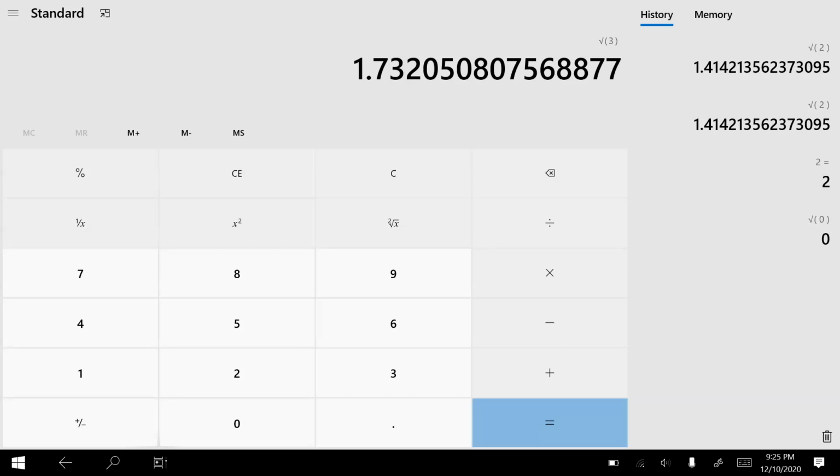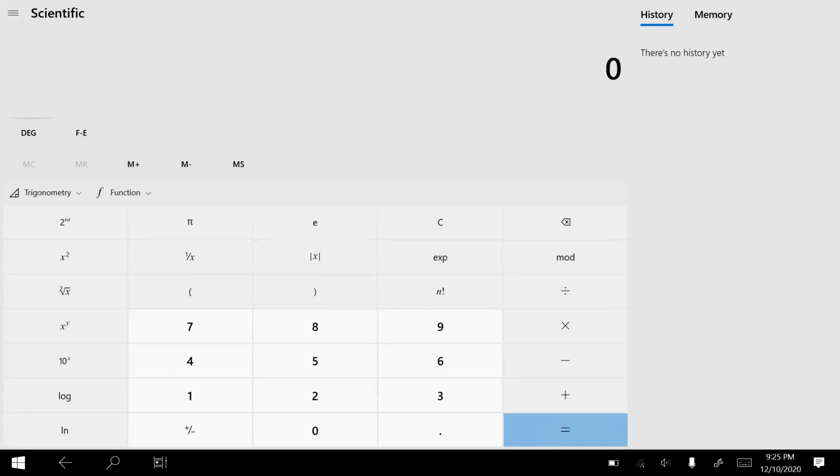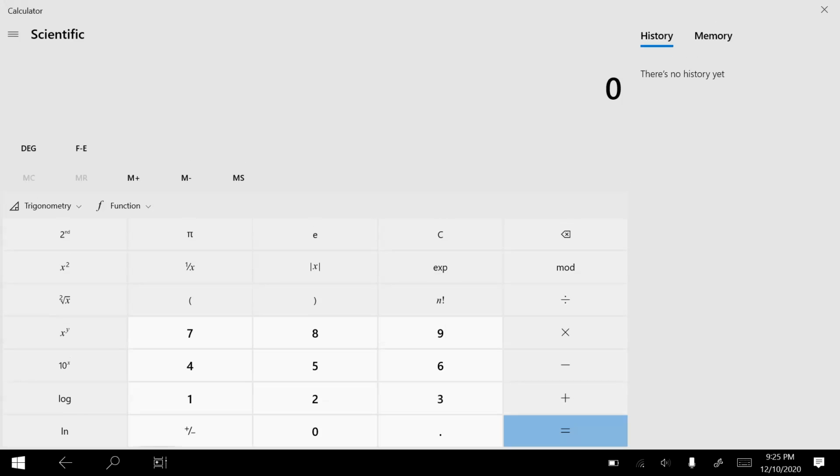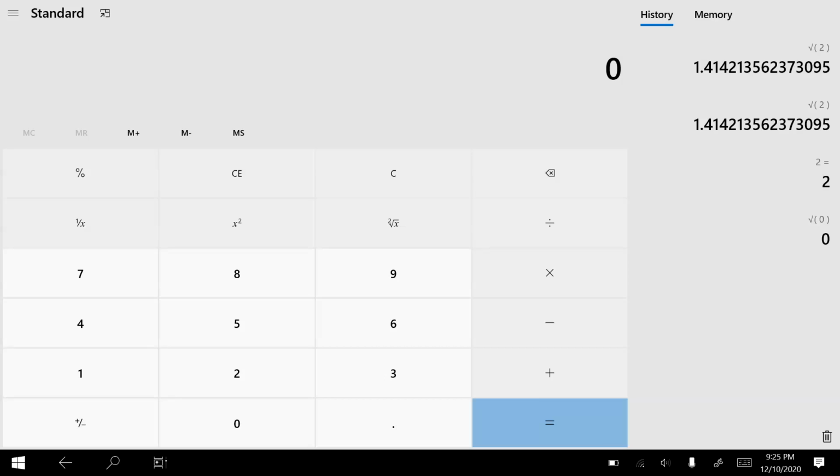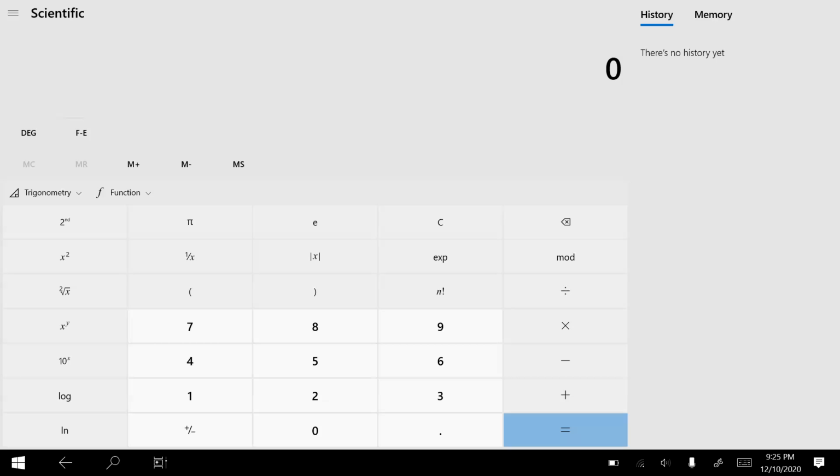Let's see if this one has anything other than what we were given. Aha! Nope, it's not working right. But the cool thing about a regular standard calculator, as long as it has parentheses, is we can say, okay, let's have -8 on the inside, close parentheses.